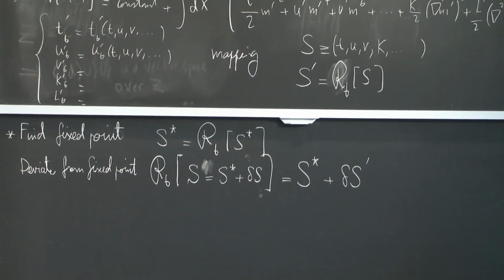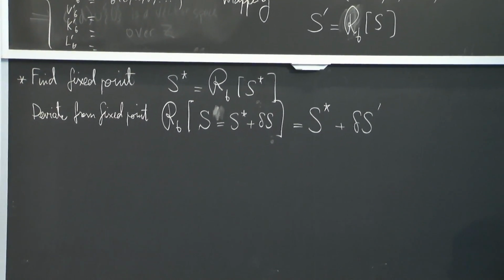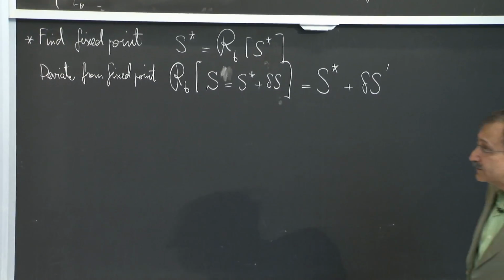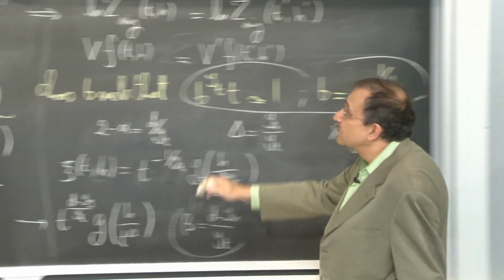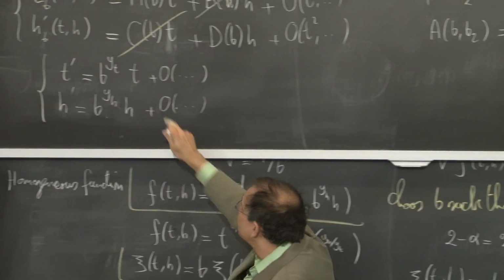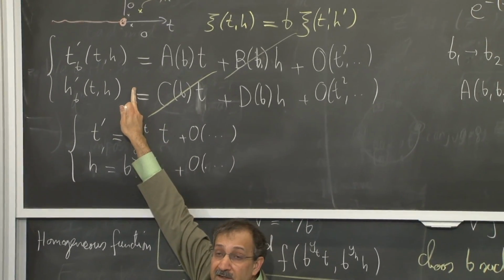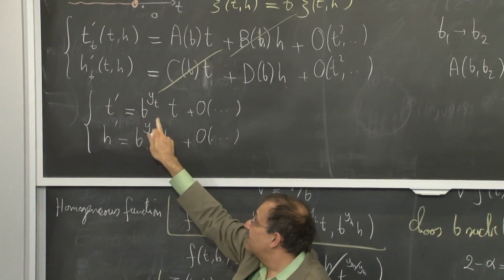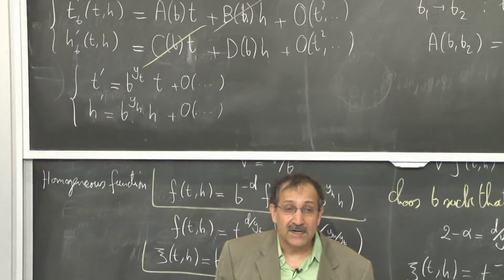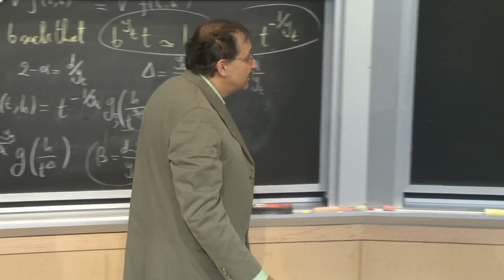So basically, these transformations are highly nonlinear, just as the transformation over here in principle would have been highly nonlinear, but then I expanded it around the point T and H equals 0.